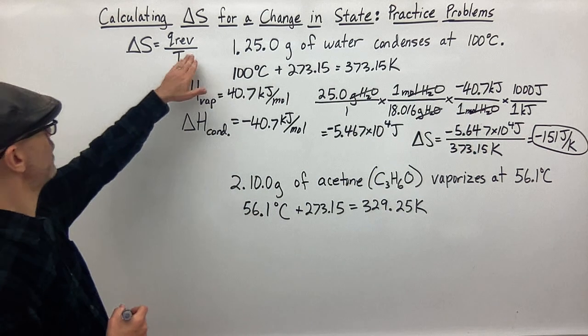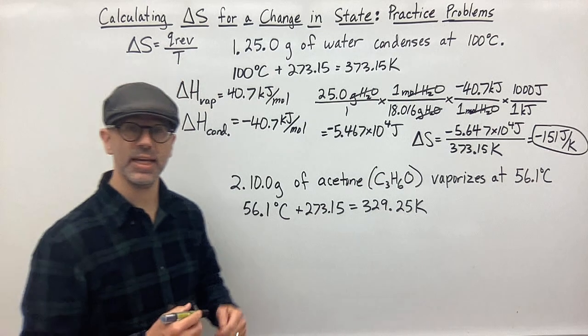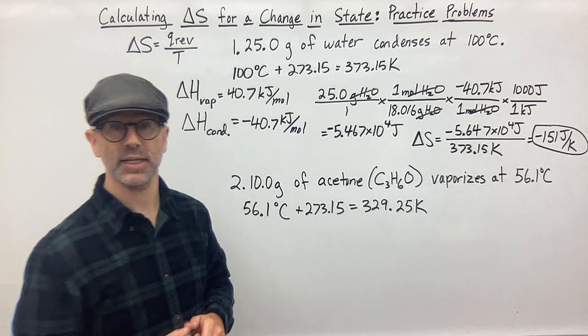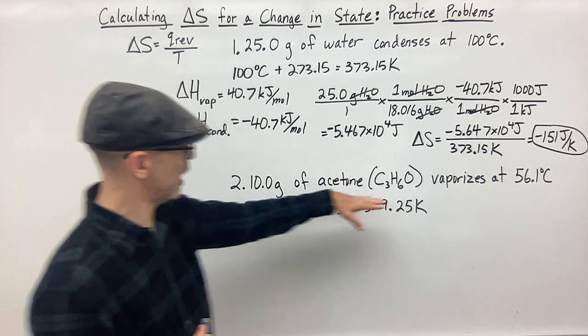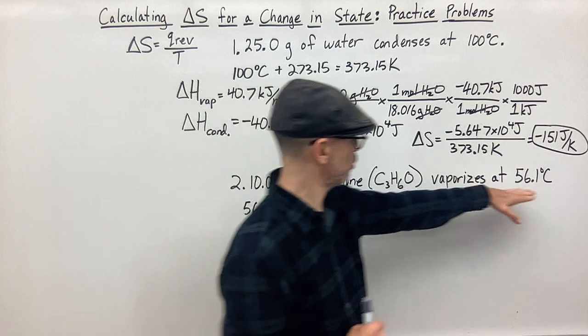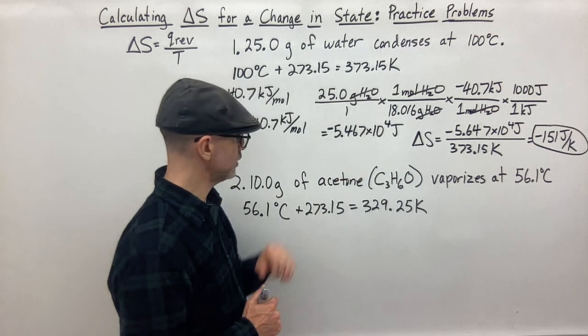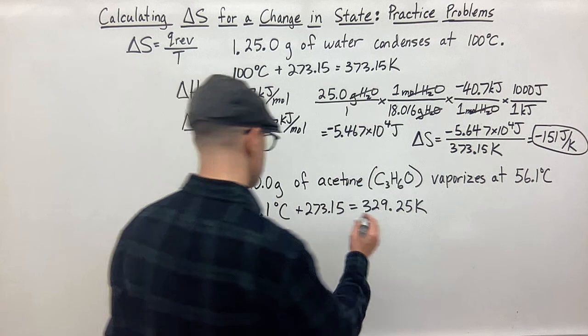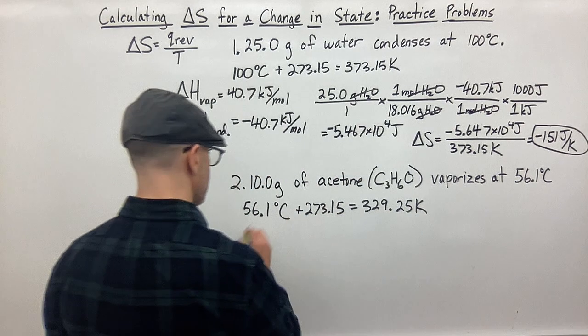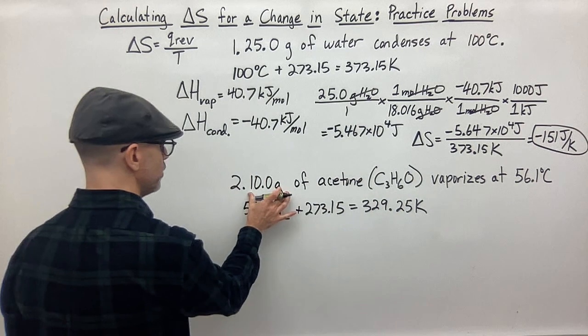So now I just need to find the heat of the reversible process. In this case, we are vaporizing at 56.1 degrees, which is, again, the boiling point of acetone, right? So here, we're going to start with 10.0 grams.